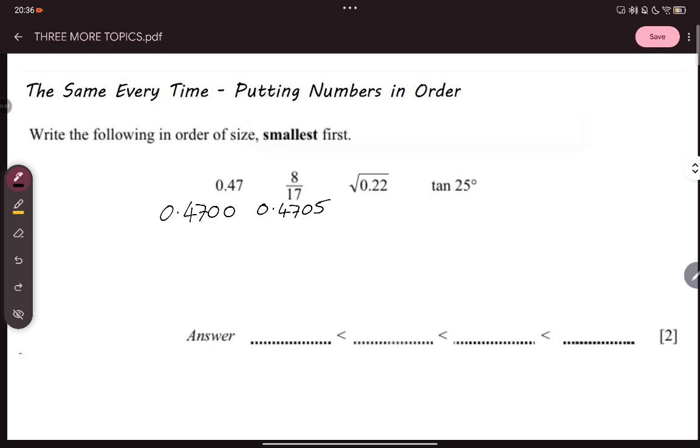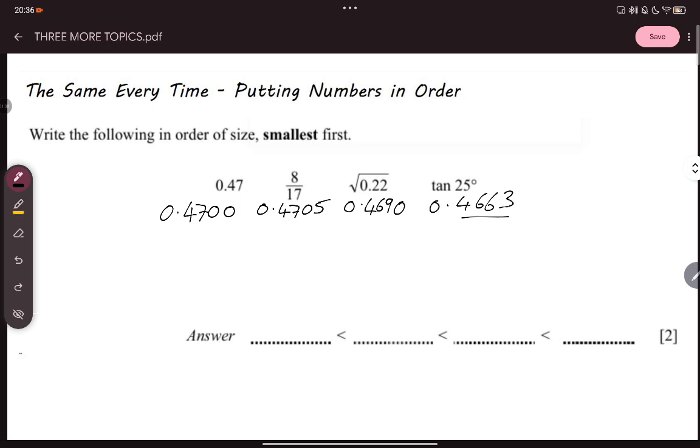Square root 0.22 is 0.4690. And then tan 25 is 0.4663. So since they all start with a 0, we're just looking at the right-hand side after the decimal point, just treating them like actual numbers.